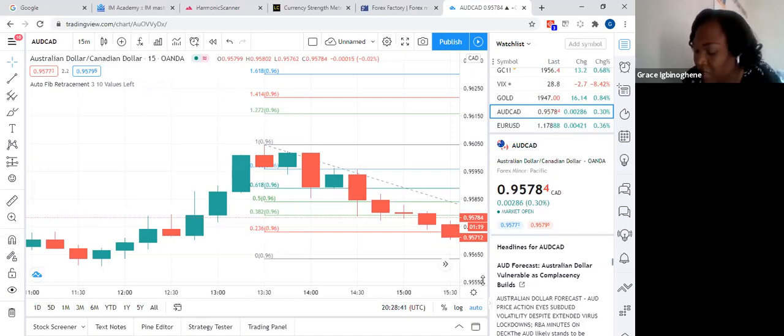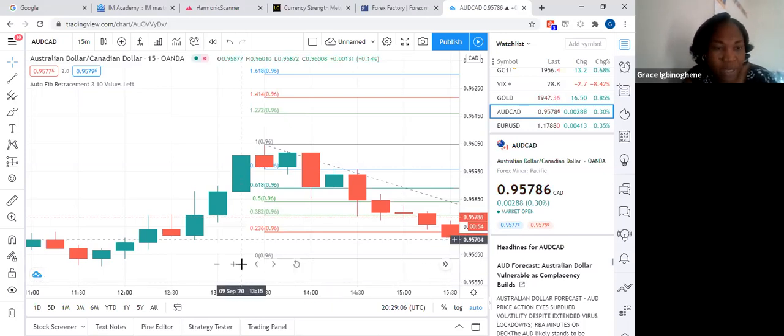So if you want to risk 20 pips, ratio 1:1 will be risking 20 pips to get 20 pips. Ratio 1:2 will be risking 20 pips to get 40 pips. Ratio 1:3 will be risking 20 pips to get 60 pips. So it all depends on you.